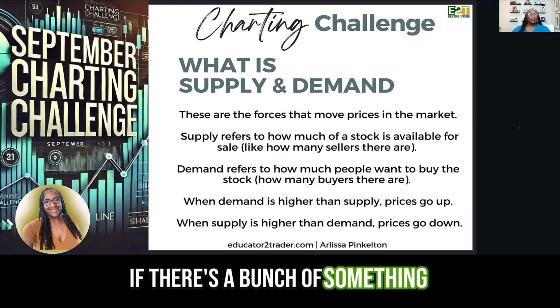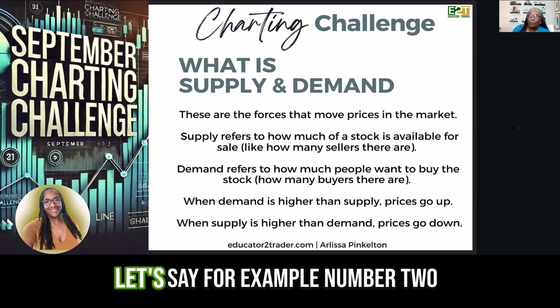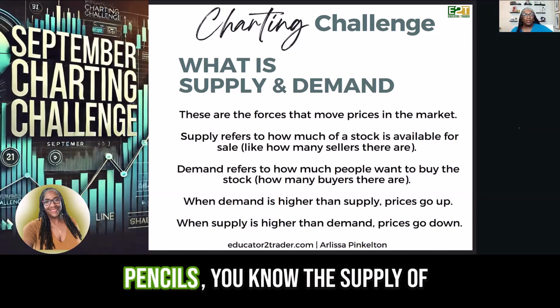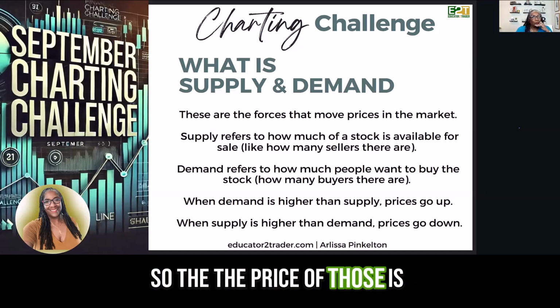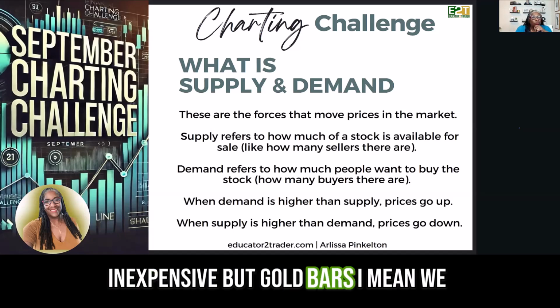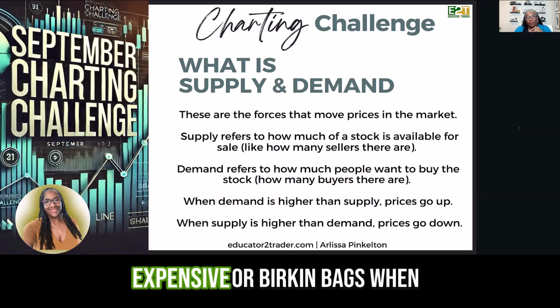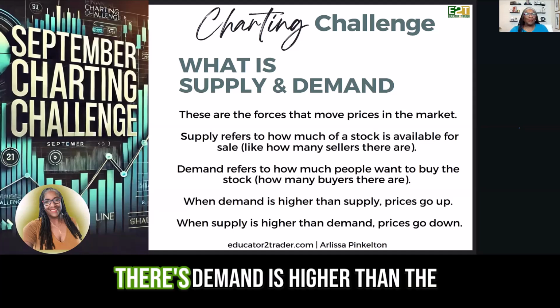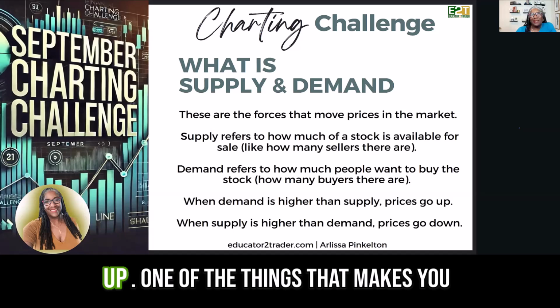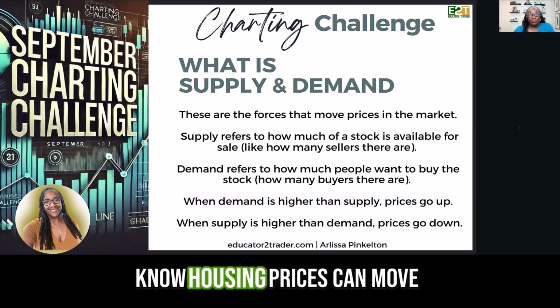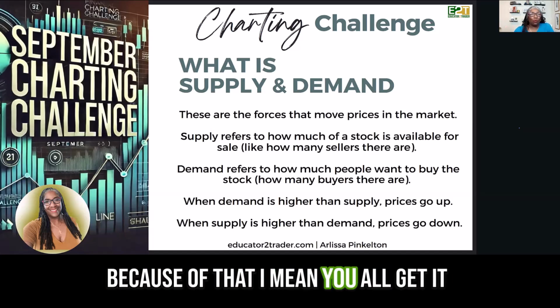If there's a bunch of something, for example number 2 pencils, the supply is pretty high, so the price is inexpensive. But with gold bars or Birkin bags, when demand is higher than supply, prices can go up. Housing prices can move because of that. I mean, you all get it.